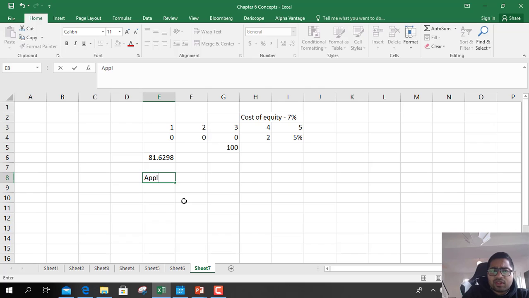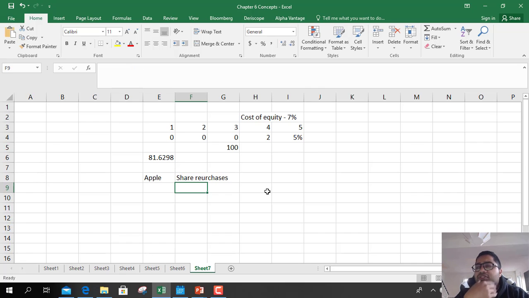Apple was in the news for doing a lot of share repurchases. So what are share repurchases? It is a way of giving money to shareholders. How? Apple buys back whatever shares are there in the market. So what does it do to existing shareholders? Two things happen.